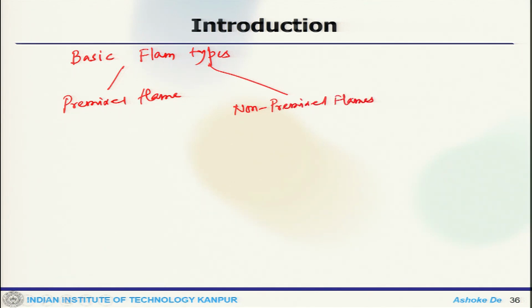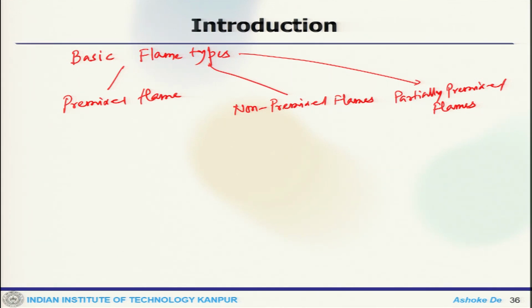We will talk about these flames in detail, which is why we are now getting into the classification of different flame types. The third could be a partially premixed flame. So, these are the three primary broad categories of flame: premixed, non-premixed, and partially premixed.